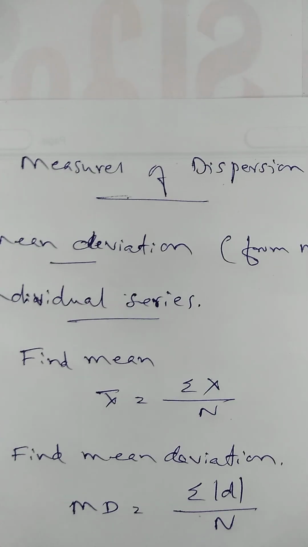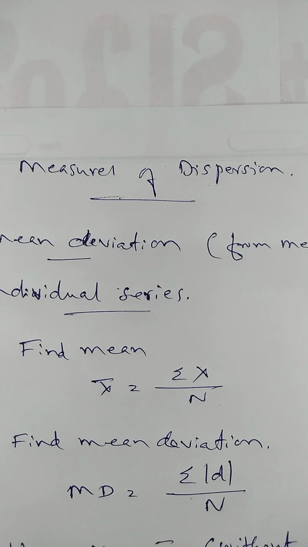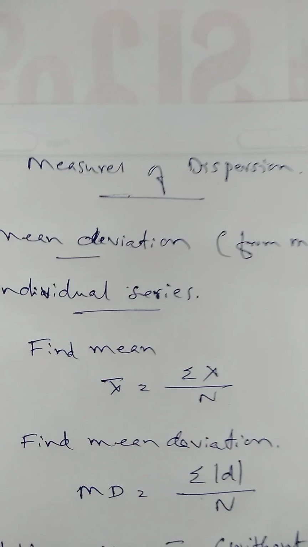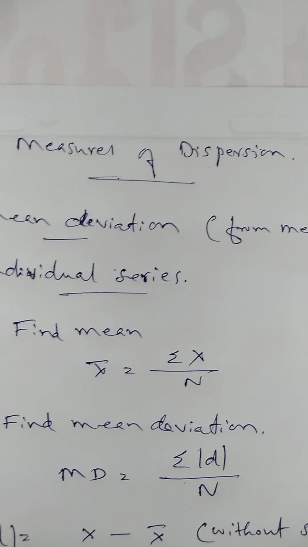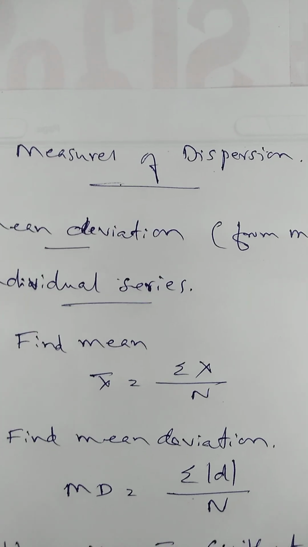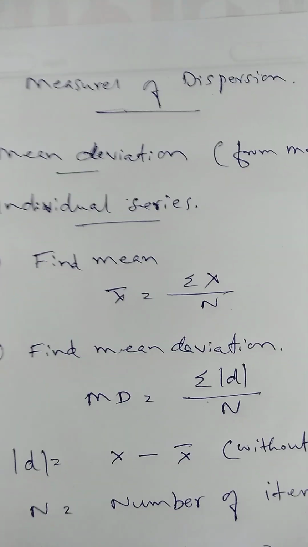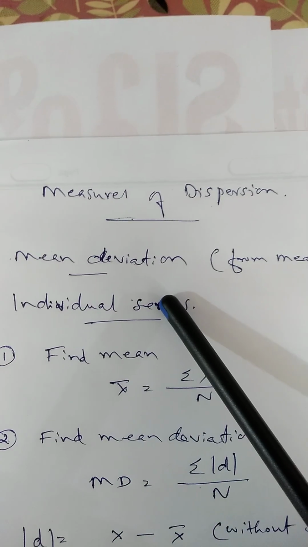So how much variation is there, or how much the data is affected by this type of variation, is measured with the help of the measure of dispersion. And one of the measures of dispersion is mean deviation.